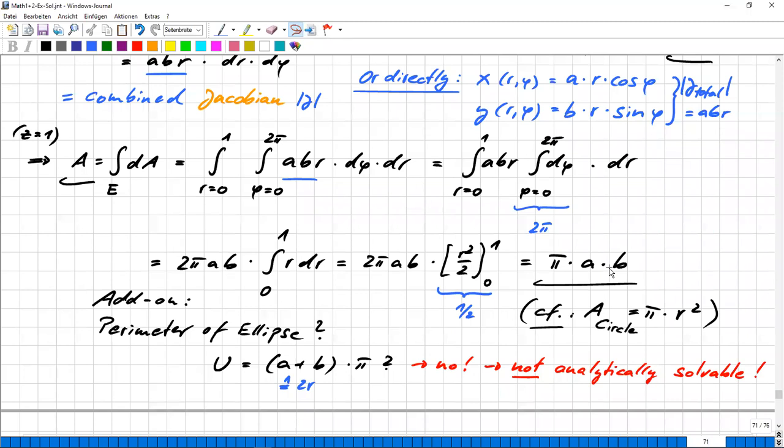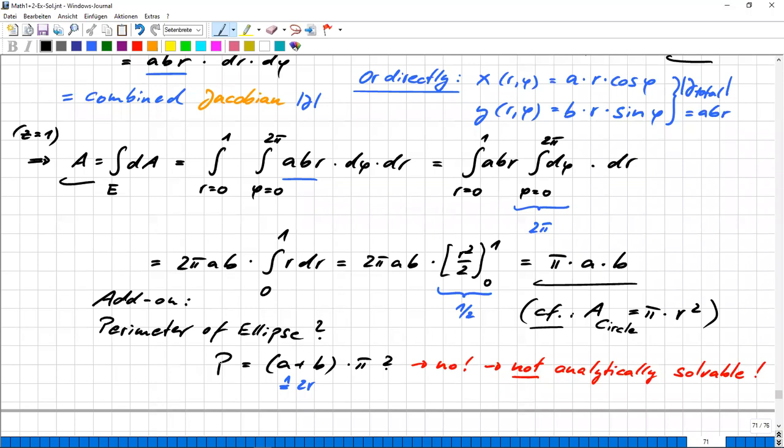A little add-on just for your interest. Of course, it's interesting to ask for the perimeter of an ellipse also, perimeter or circumference, however you call it. And this one, this is a German symbol for Umfang. Similarly to here, looking at the circle equation, which tells us that the circumference equals, well, let's just call it P for perimeter.